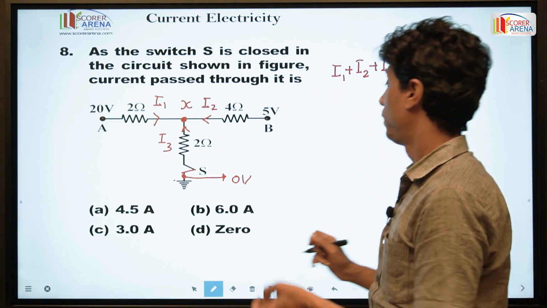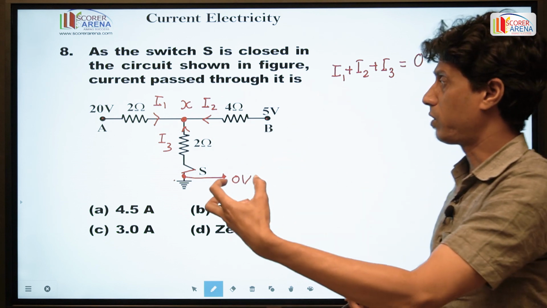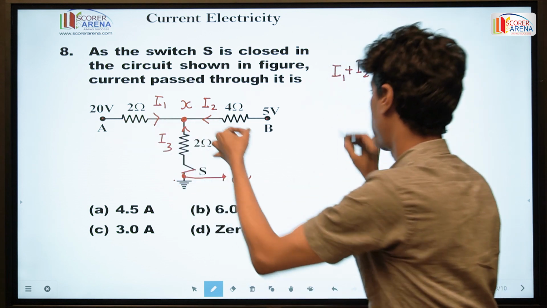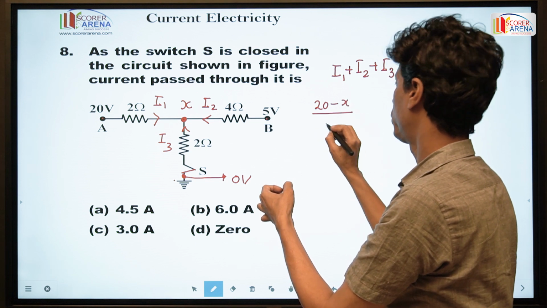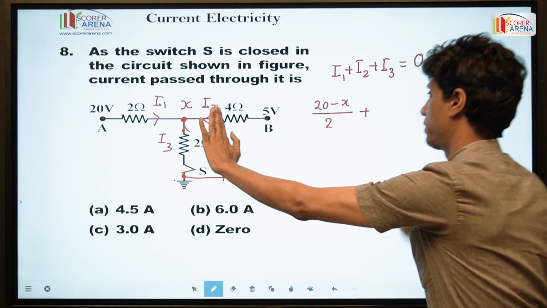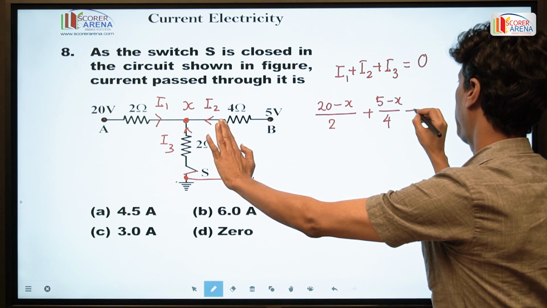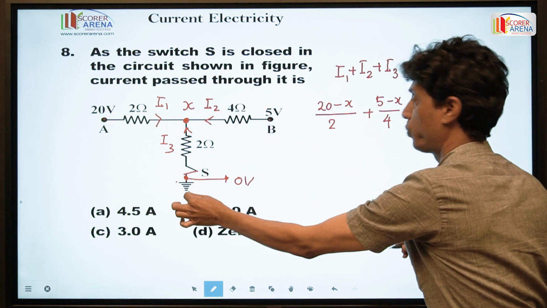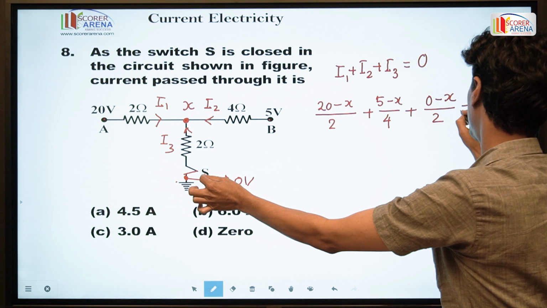So here, all the current entering into the unknown node, and now by the simple concept of Ohm's law, potential difference: current through this branch is (20 minus x) by 2 ohm, and current through this branch is (5 minus x) by 4, and current through this branch, the node potential of this is 0 volt because it is grounded, so (0 minus x) by 2, and it is equal to 0.